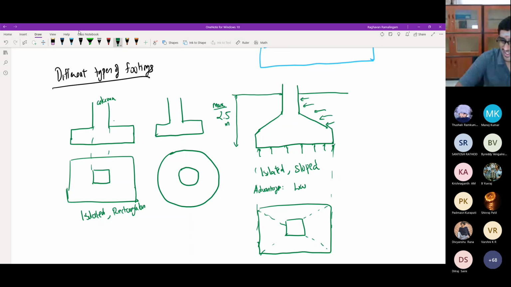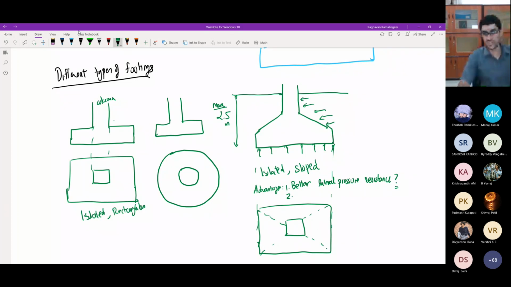I won't say lower, I can rather say better lateral pressure resistance. But this is not the biggest advantage, so I put a question mark.